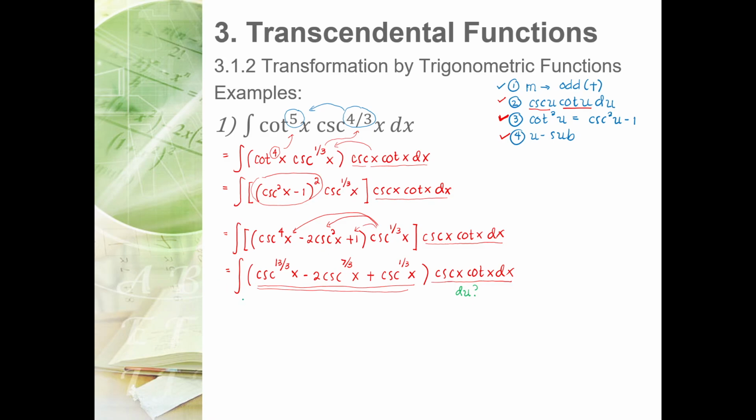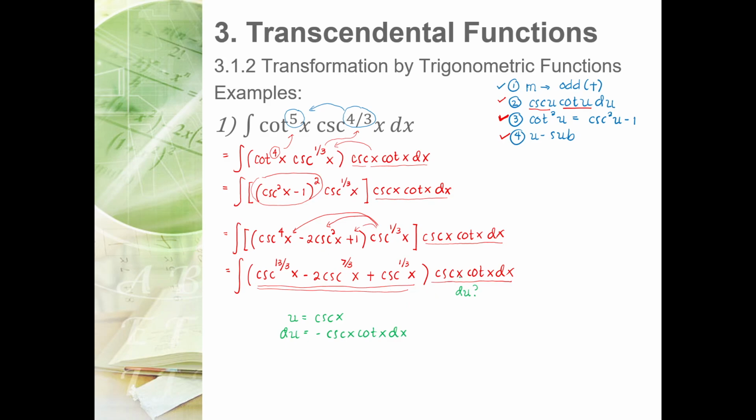As I told you from the previous slide, coming from our Calculus 1, we know that the derivative of cosecant x is negative cosecant x cotangent x dx, right?